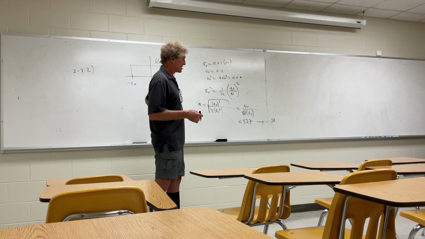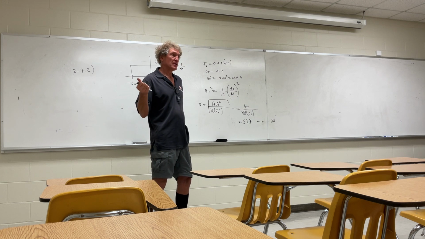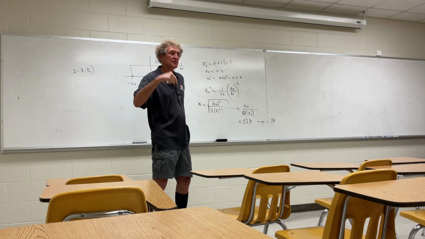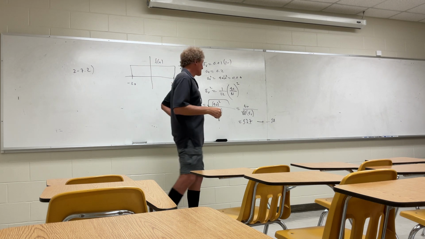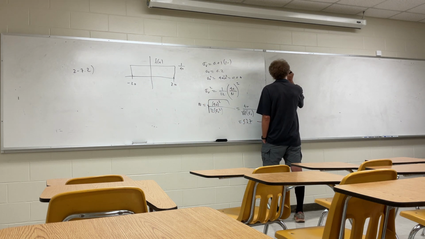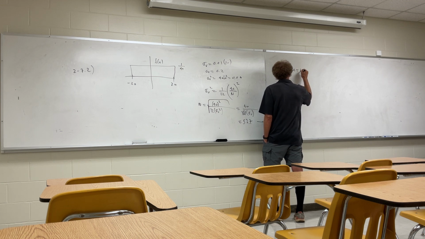So this is 58. Now, if you think about 32, right? 2 to the 4th is 16, 2 to the 5th is 32, 2 to the 6th is 64. 64 should be the next level. So that means it would be 2 to the 6th, or 64 levels for n.